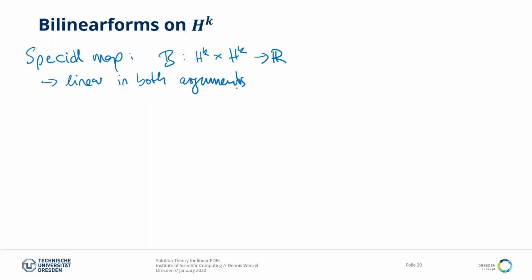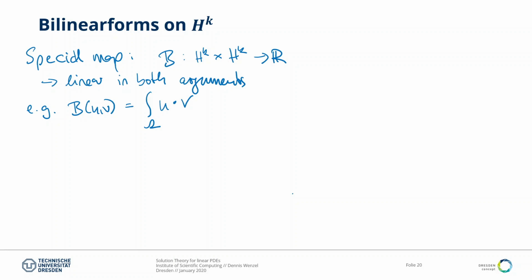And a good example for this would be b of u and v equal to an integral. Here is again my integral, because it takes stuff from weird spaces and gives you something real valued, of u times v. So you simply take your two functions, form the product of them, and integrate over the domain.